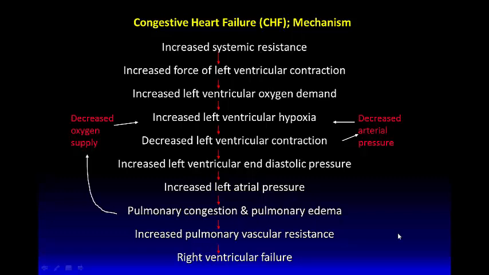So when pulmonary vasoconstriction happens, the pulmonary vascular resistance increases, and this reduces the chances of developing acute pulmonary edema. However, the right ventricle would suffer, because now the right ventricle would have to work harder to overcome the increased pulmonary vascular resistance, and hence the right ventricle would eventually fail.